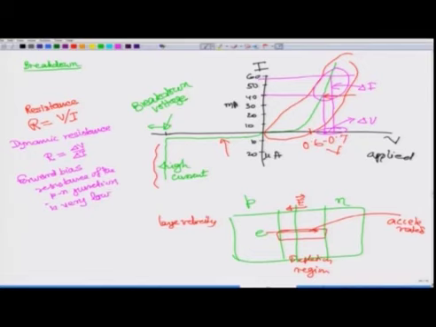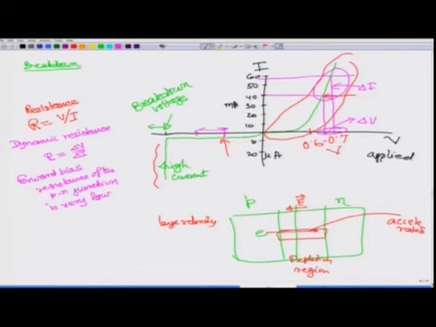Whereas, if you look at the reverse bias condition, what is happening? You are increasing the voltage, of course, in the negative direction, and the current hardly increases, the current remains the same.